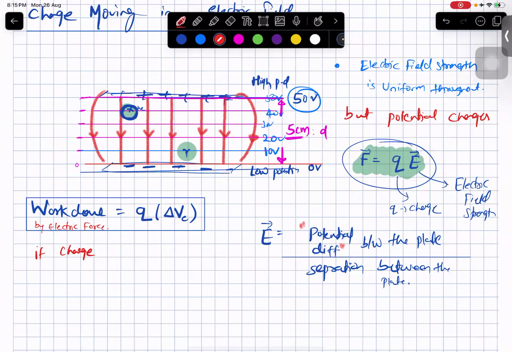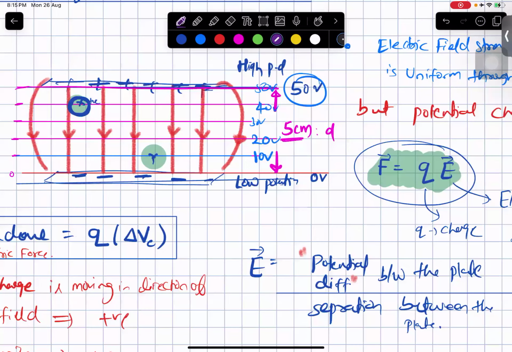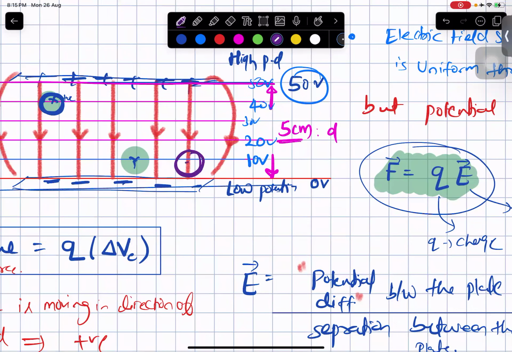So if the charge is moving in the direction of the field, it will be taken as positive. If it is moving opposite, it will be taken as negative. Let's say there's a negatively charged particle, which definitely has to go away from it.